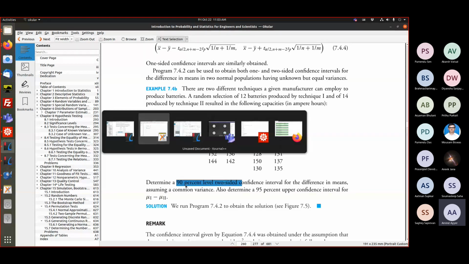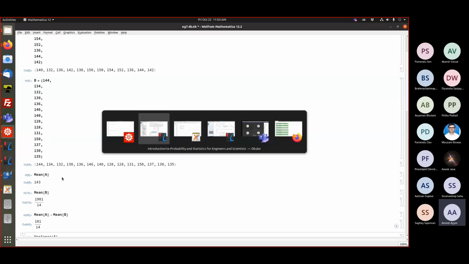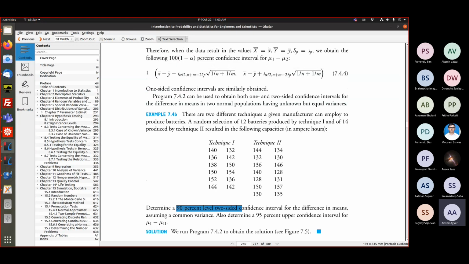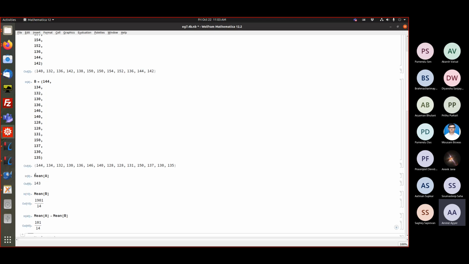So I've done this on Mathematica. Let me show you. These are the numbers for the first sample, and these are the numbers for the second sample. What we have to do is construct this, which will be our confidence interval. Mathematica has commands for the mean and the variance.